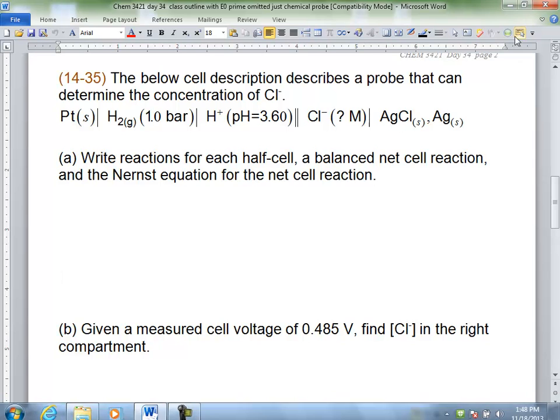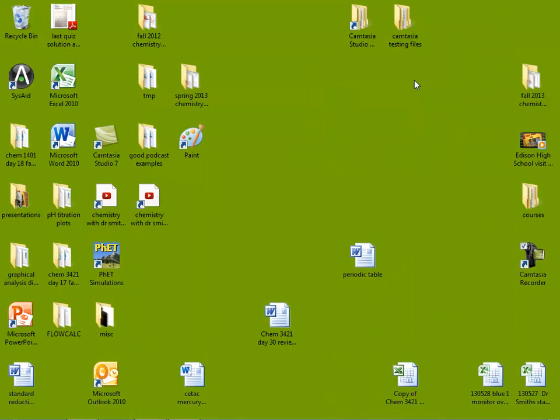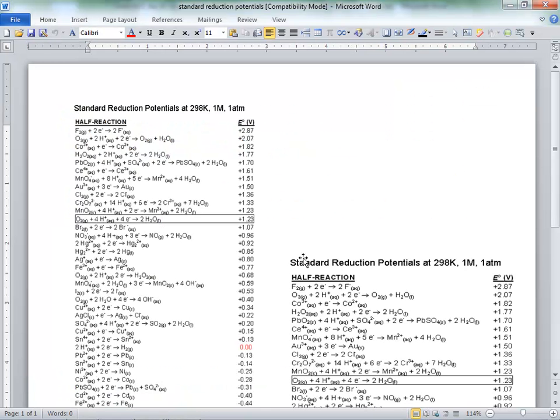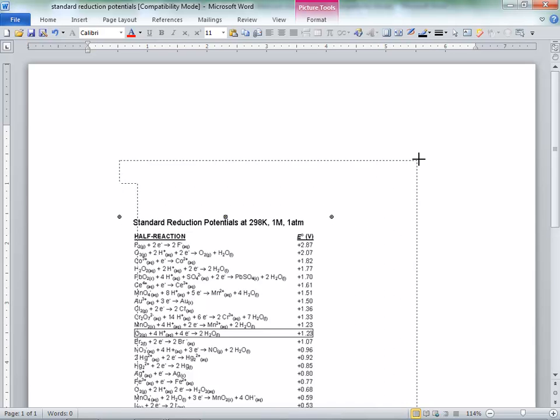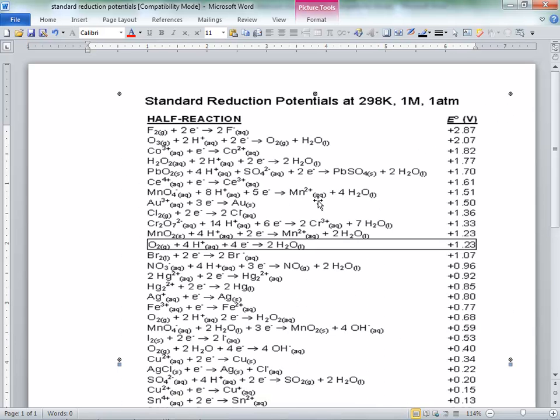I thought I had a table. So go ahead and see if you can figure them out. I'll see if I can blow up a standard reduction potential table. Here's one. It's kind of off.